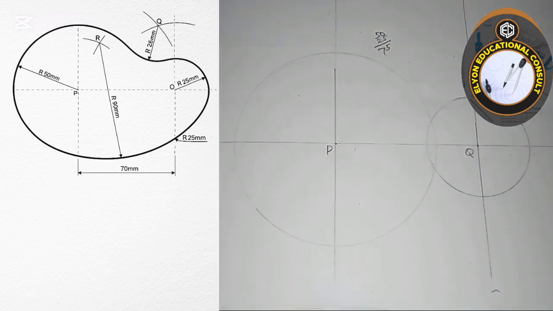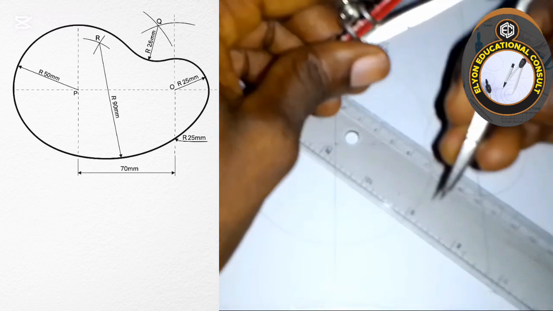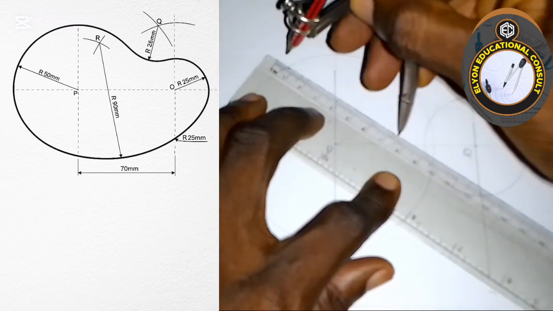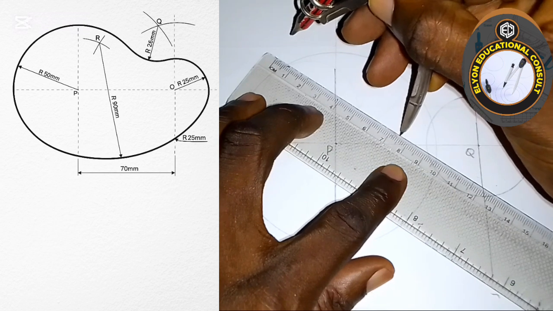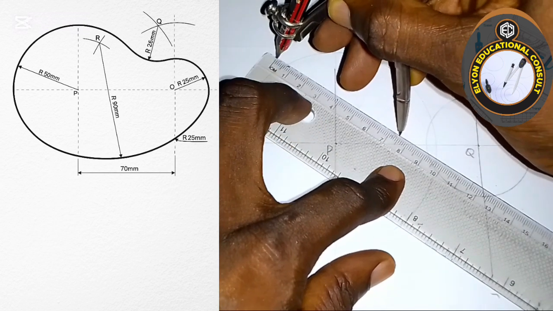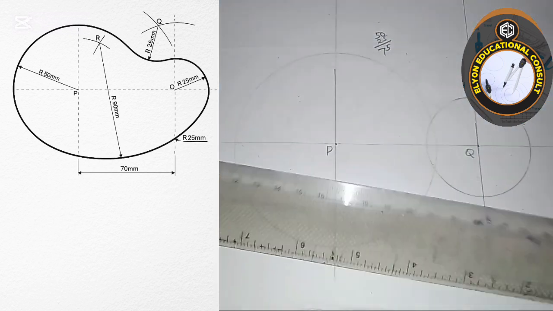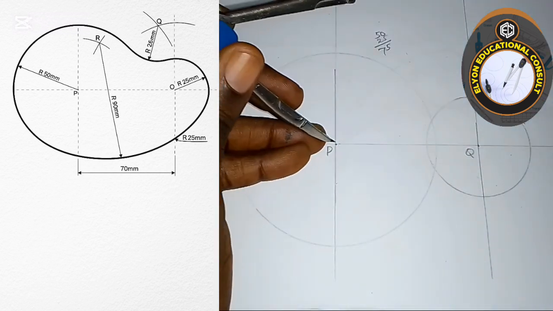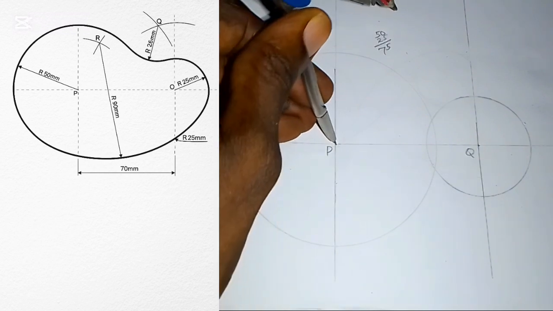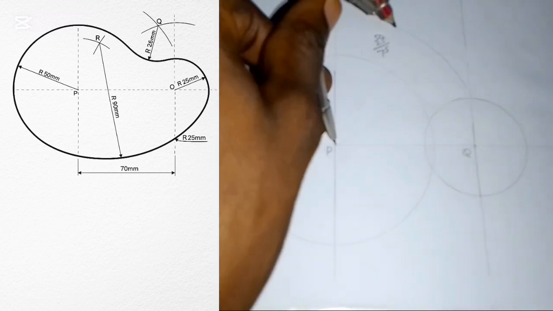So I will open my compass to 75, making sure it is accurate. Then needle on point P to produce the arc that way.